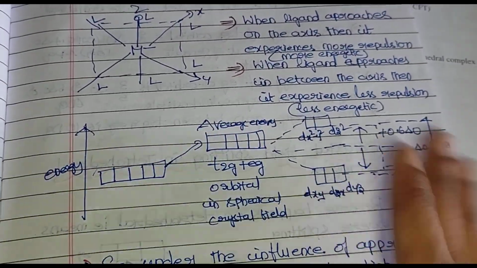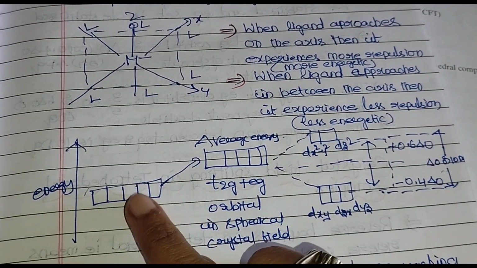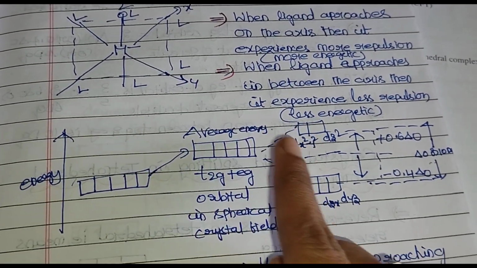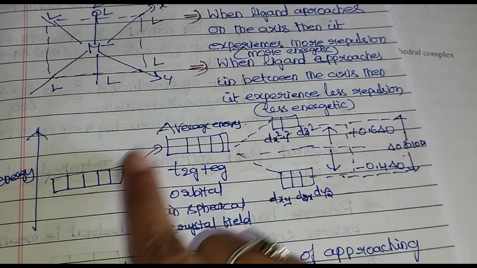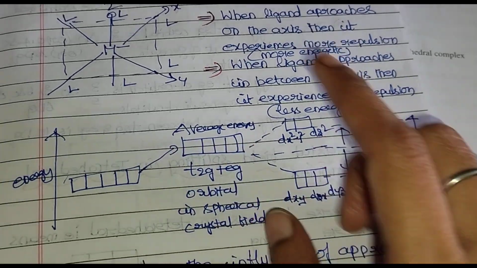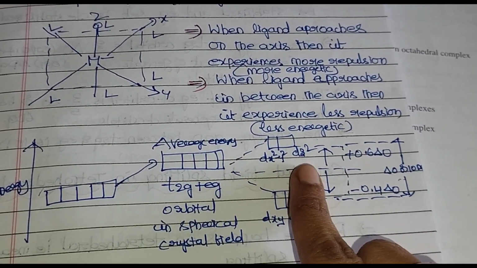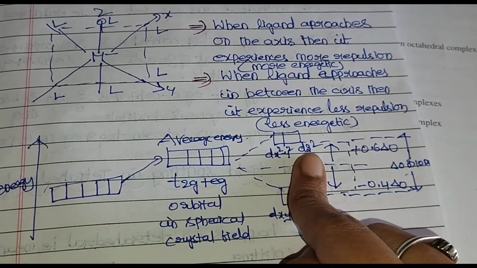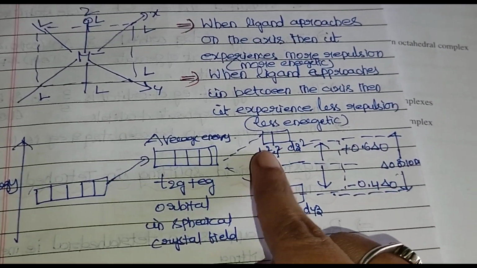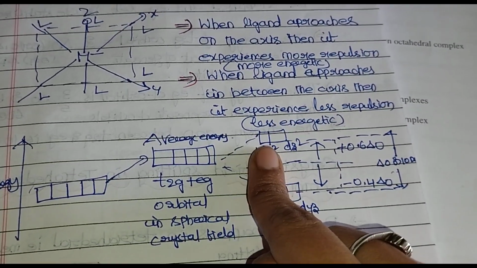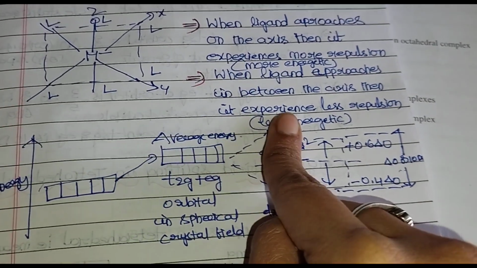This is the energy axis, and the 5d orbitals have some average energy in the spherical crystal field, after that it splits. I already told you dx square minus y square and dz square have more energy, so they will be upper, more energetic, so up.